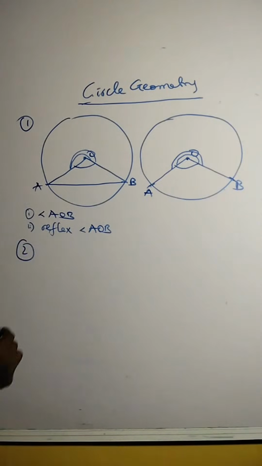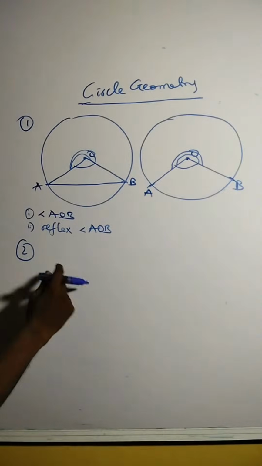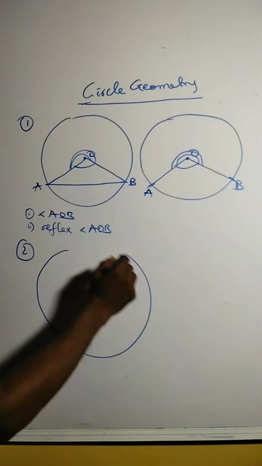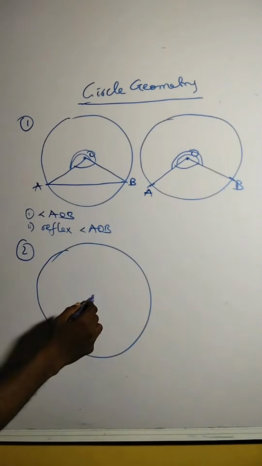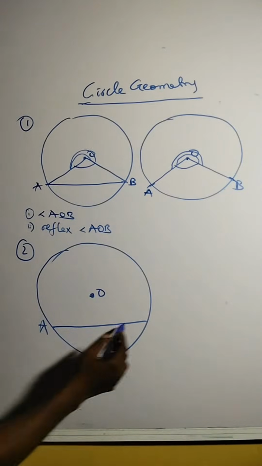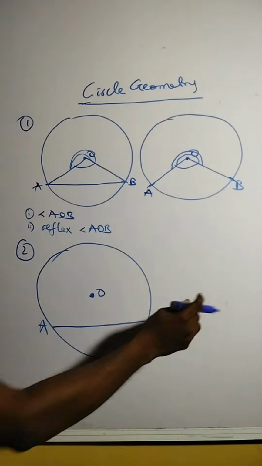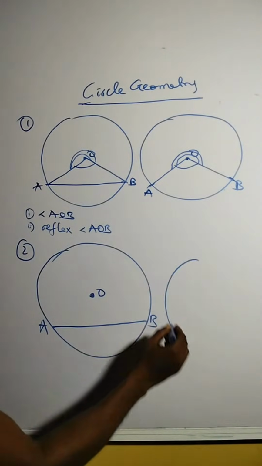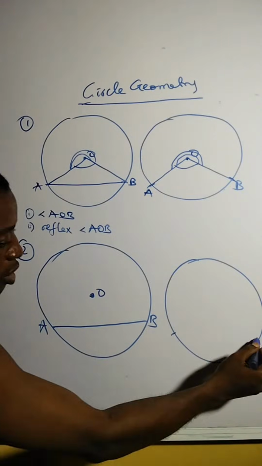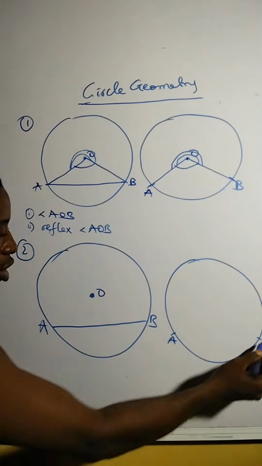And second, a chord or an arc can subtend angles at the circumference. Let's say we have this circle, we have the center of the circle, and we have this chord AB, or we might consider it as an arc, and we also label it as AB.